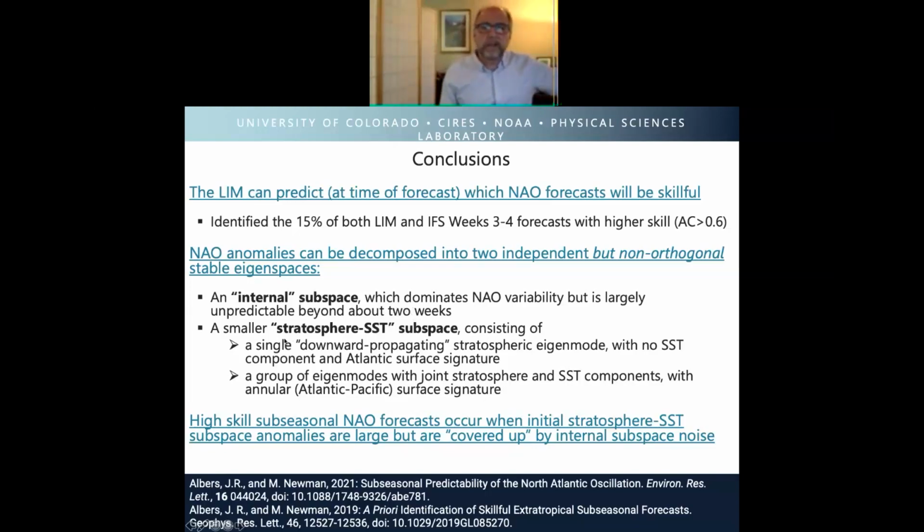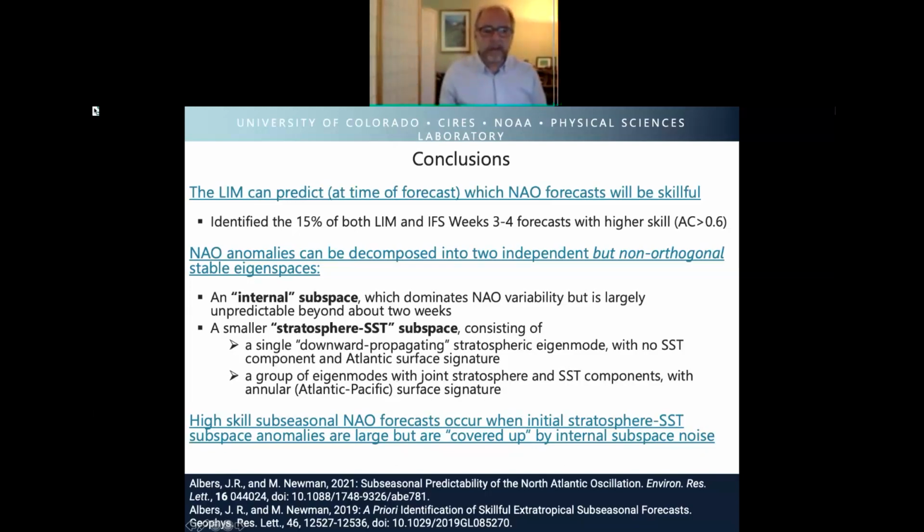And it's instead this smaller stratosphere-SST subspace, which consists of this downward propagating stratospheric eigenmode, which looks very much like this paint-dripping Baldwin and Dunkerton kind of picture from stratospheric sudden warmings, and a group of eigenmodes with joint stratosphere-SST components in which it seems that the SST forcing is playing a much larger role, but a non-canonical ENSO forcing.